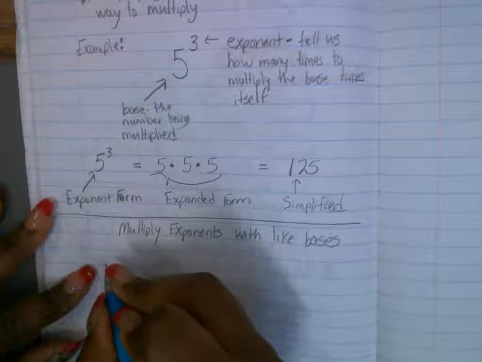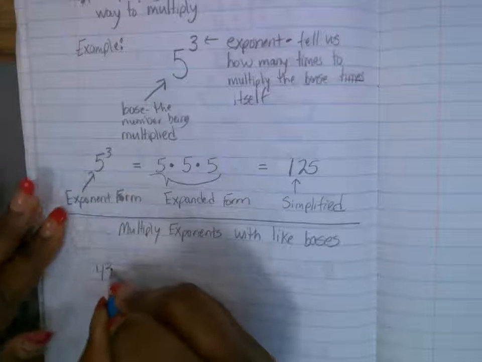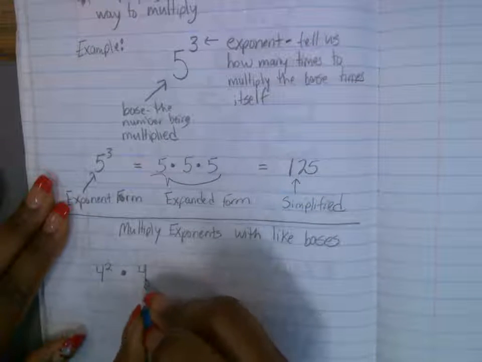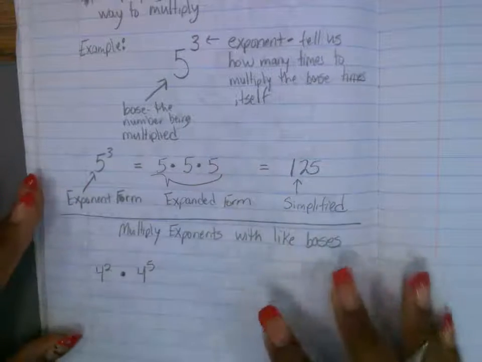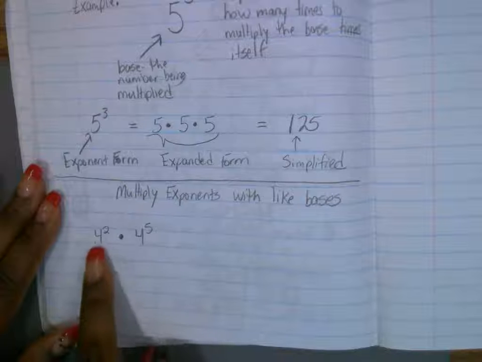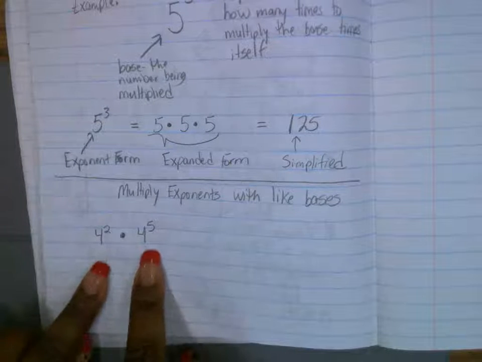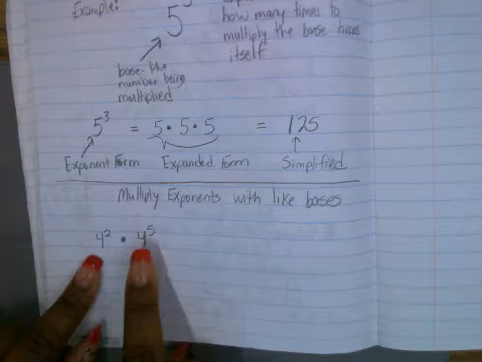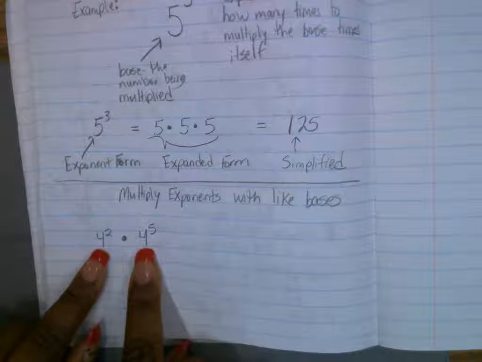If I have 4 to the second power times another 4 to the fifth power, do you see how these bases are the same? Both exponents have the same base of 4.